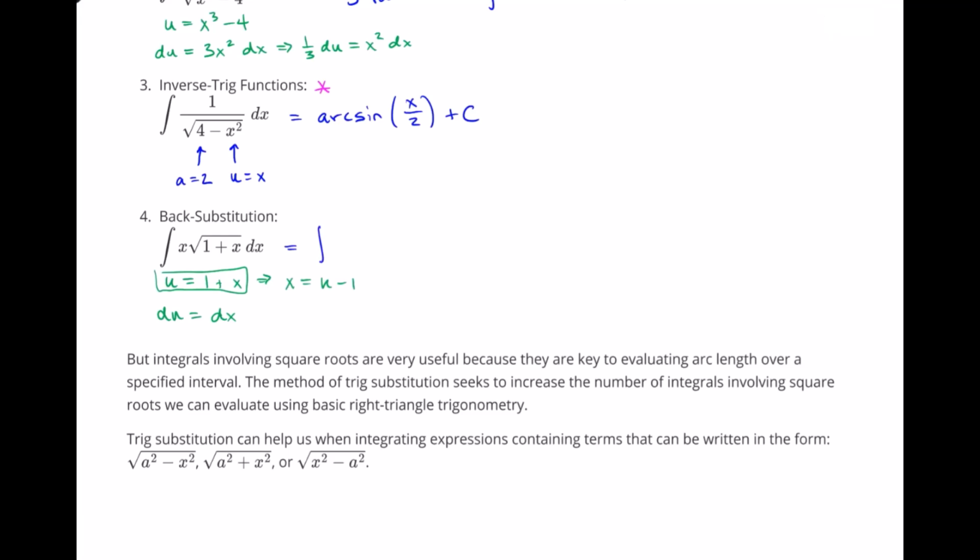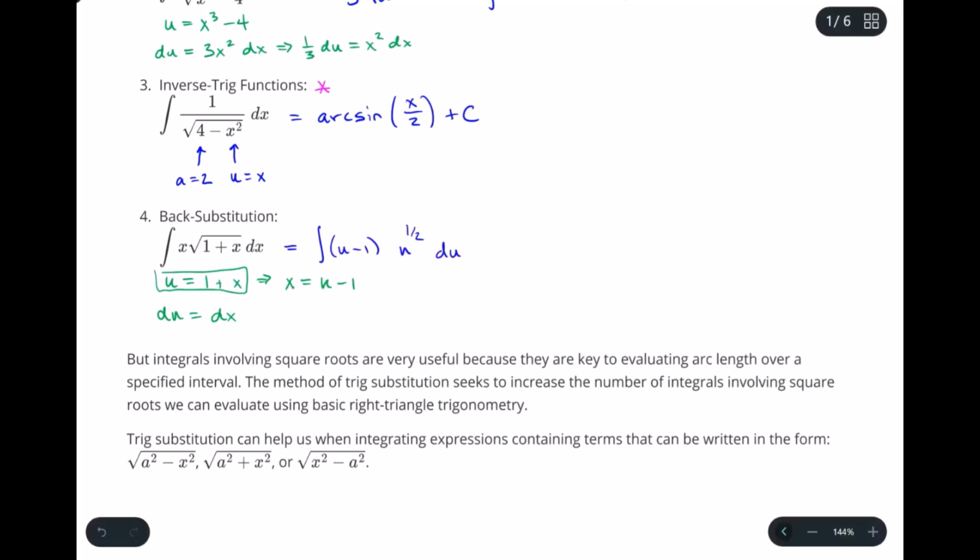I just change it into u minus 1. And then you can actually think about the same thing underneath this radical. If you made x into u minus 1, then you would have 1 plus u minus 1. The ones would cancel, and essentially you just have the square root of u, or it's generally a little bit better to go ahead and express that as its equivalent 1/2 power.